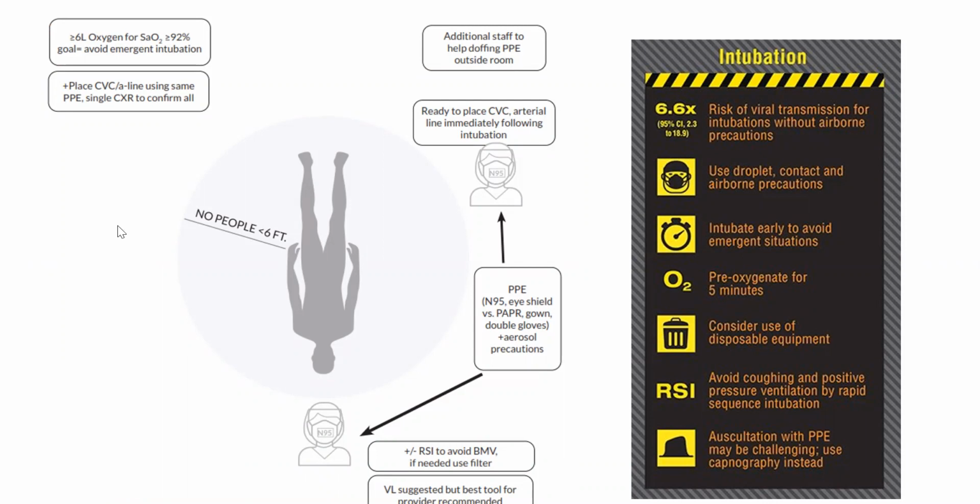So the first rule: people who have nothing to do with intubation should stay outside the room, or at least more than 1.5 meters away from the patient. Then here's the person who will intubate, and the assistant here. As you see, they are all fully protected.